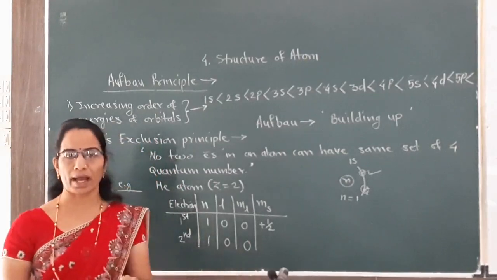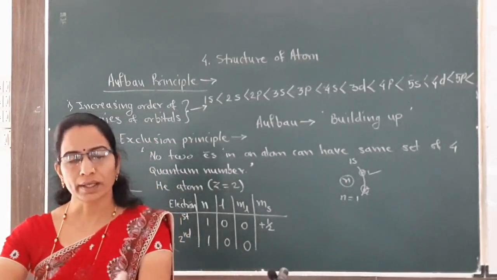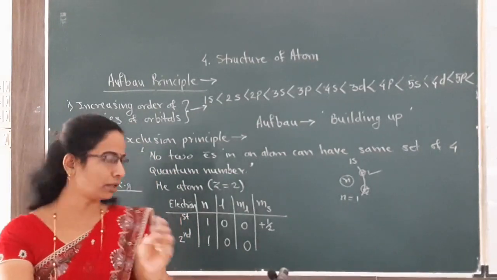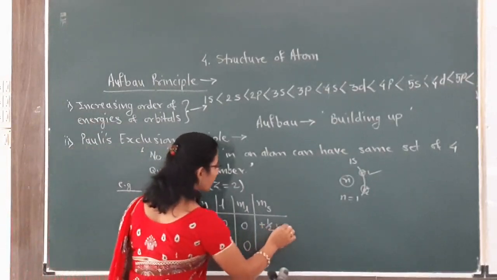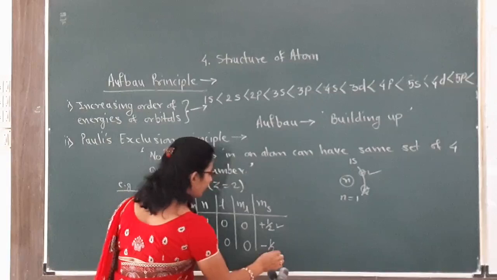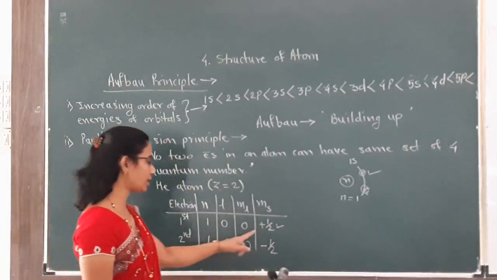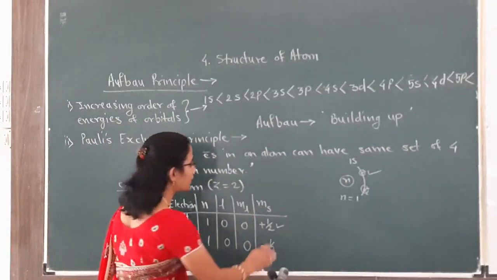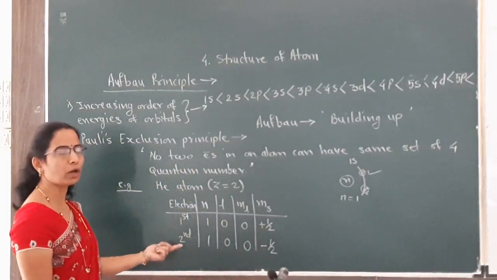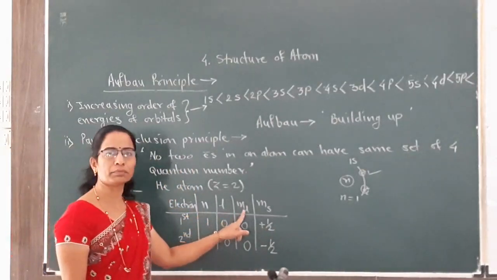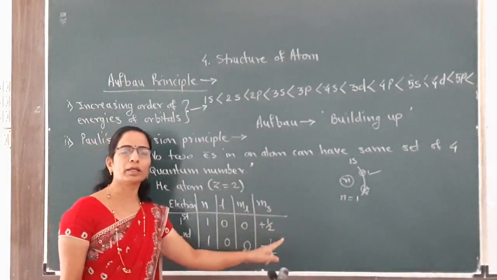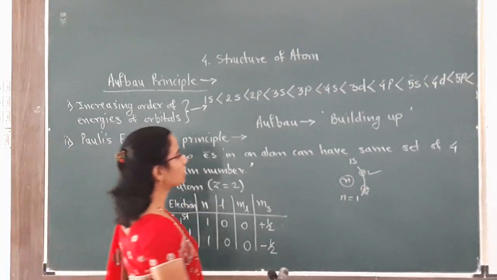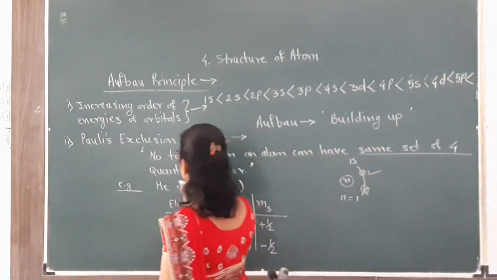But we know the rule that 2 electrons in the same orbital never possess the same spin. If one electron is spinning clockwise, then the other will spin anti-clockwise, that is, its spin quantum number will be minus 1/2. In this case, though these 3 quantum numbers are the same, the 4th quantum number is different. Means these 2 electrons do not have the same set of 4 quantum numbers.